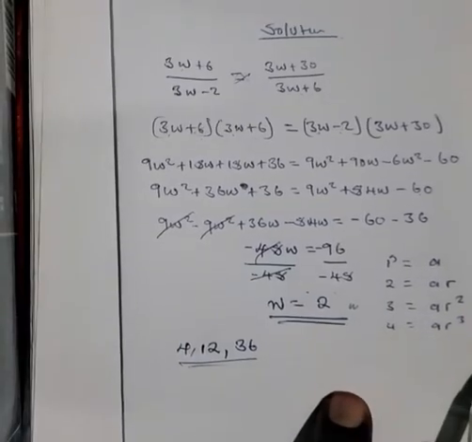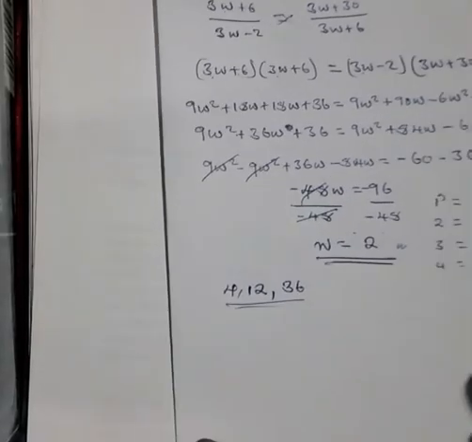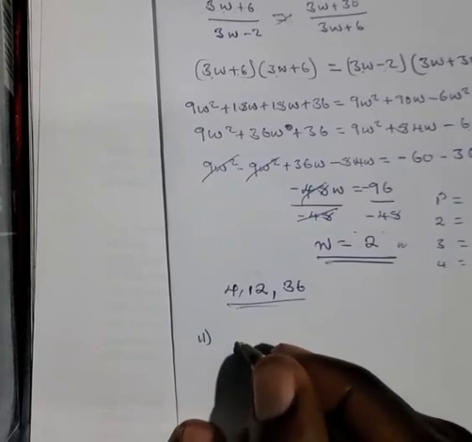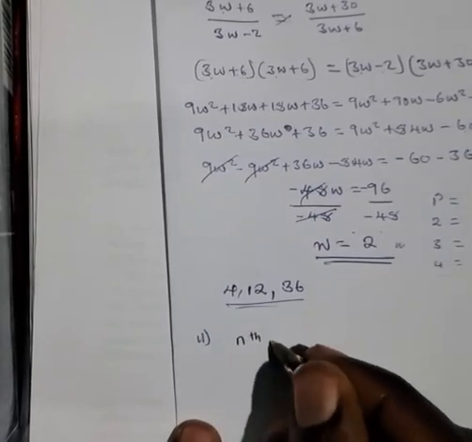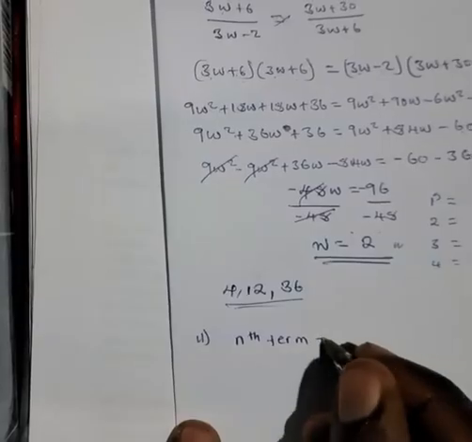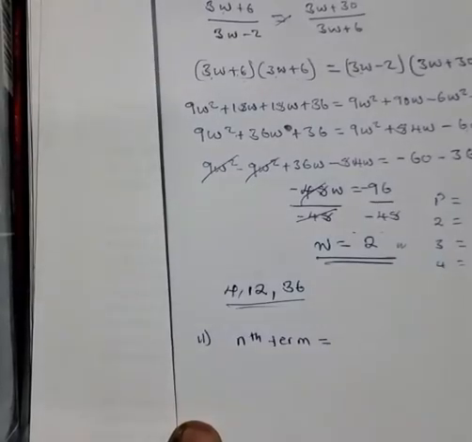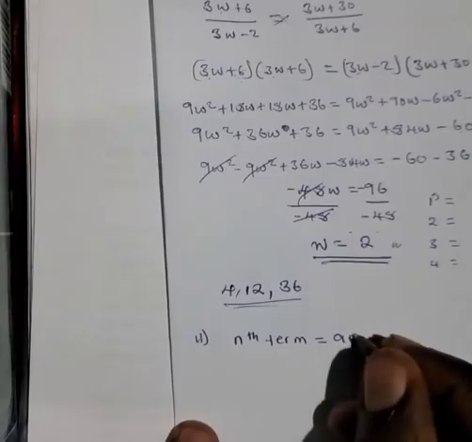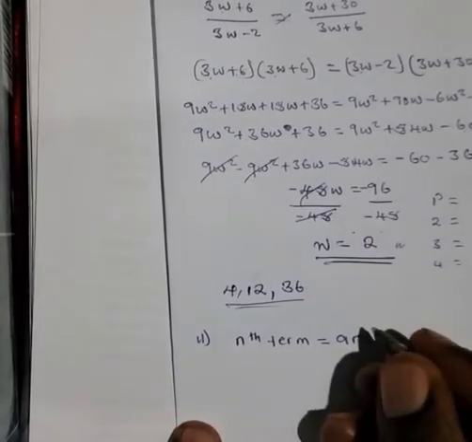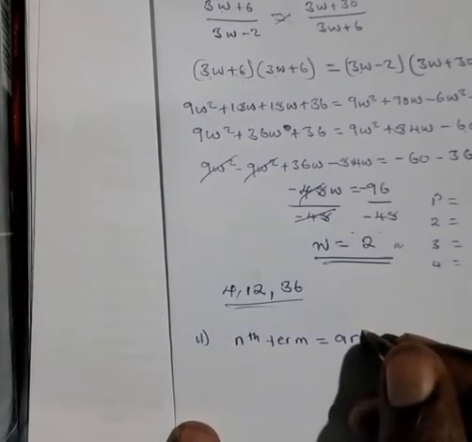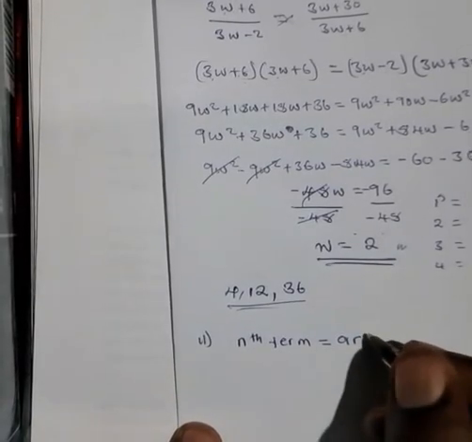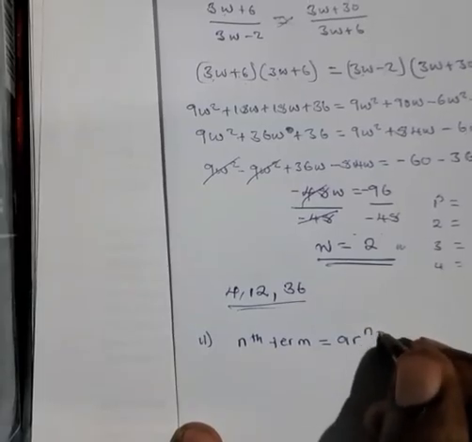So I think from here we can say that the nth term is equal to a times r to the power, we said n reduces by 1, so maybe it would be n minus 1.